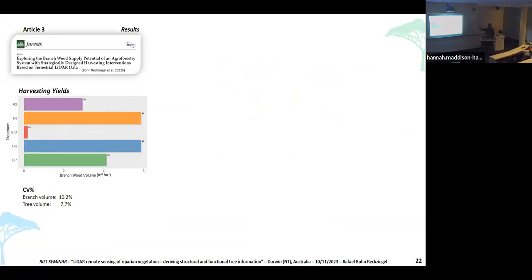So in fact, you see five different treatments in terms of harvesting yield. In one, I prune all the trees until 3 meters in height, in another I remove big branches with 7 centimeters cross section, while the other will remove any branch bigger than 2 centimeters, for example.